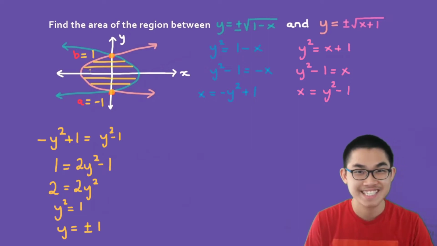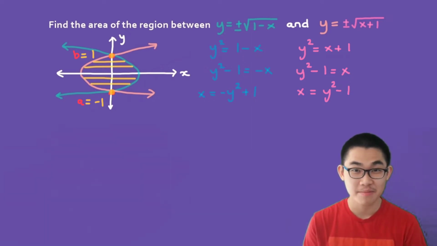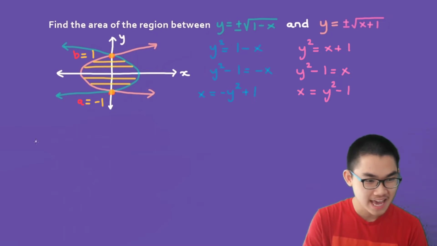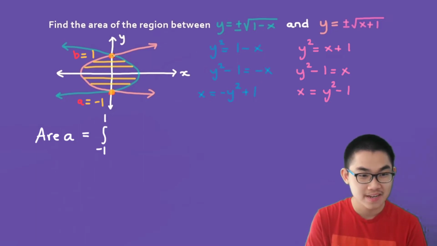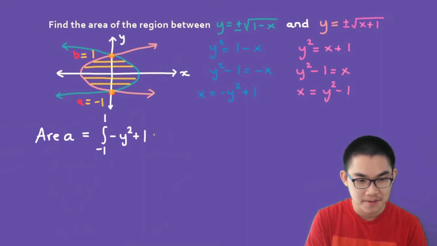And so we know that a is going to be the minus 1, and b is going to be the plus 1. Now, if you remember from my previous video, the area is equal to the integral from a to b, that's going to be negative 1 to 1, of the rightmost function, negative y squared plus 1, that is this function right there, minus the leftmost function.